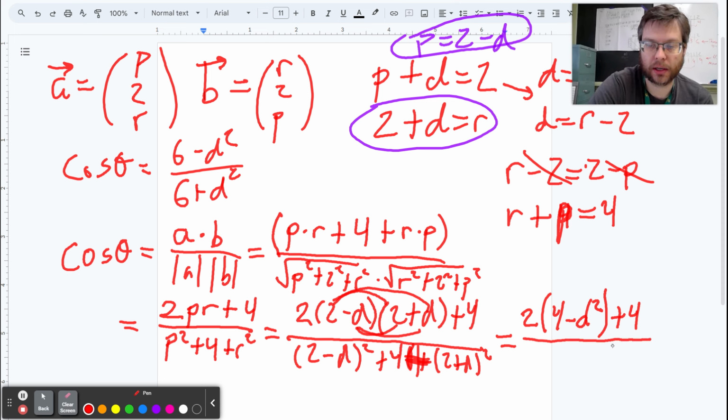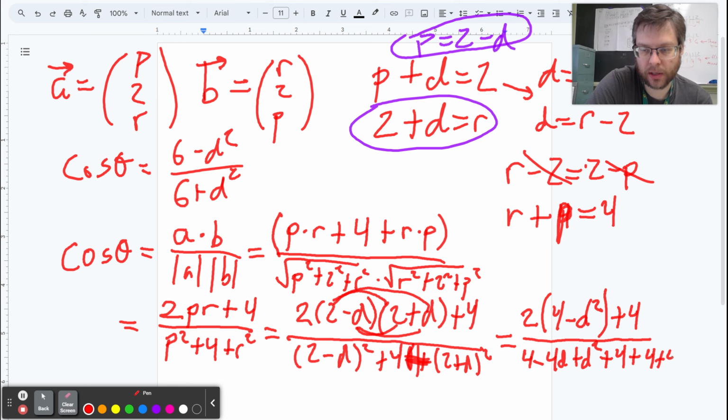And then on the bottom, I have 2 minus D squared becomes 4 minus 4D plus D squared. There's a plus 4 in the middle. And then there's a 2 plus D squared, so 2 squared, 2 times 2 times D, and then another D squared.